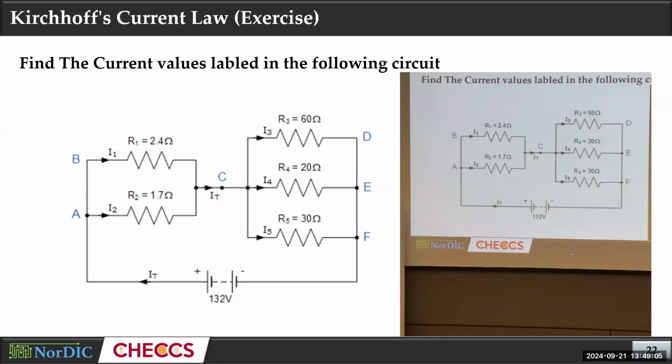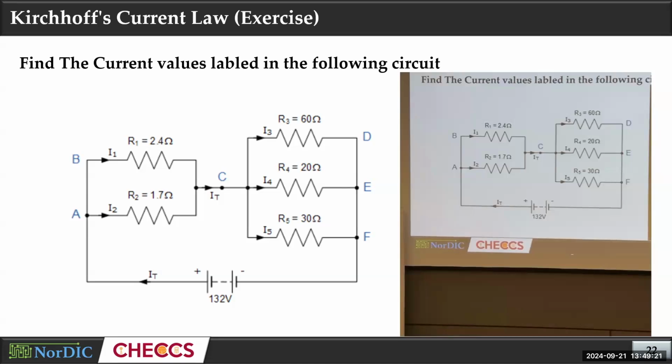Are you guys done or not done? Think about it. Always, in any circuit like the previous one, try to make the circuit smaller, like I have done here. As you can see, this is way too complicated for me.